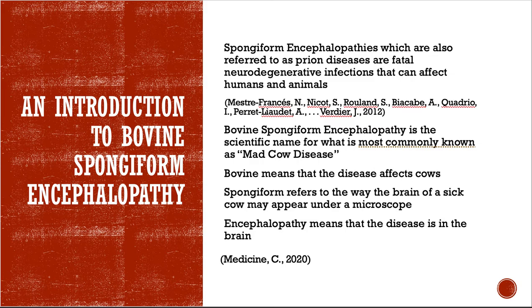If we break this name up, bovine means that the disease affects cows. Spongiform refers to the way the brain of a sick cow may appear under a microscope, and encephalopathy means that the disease is in the brain.